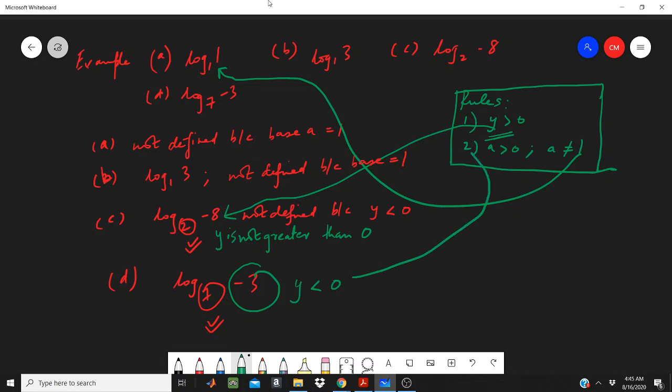Compare this with the first rule here, and you'll see that this is a problem. Okay, hopefully now the index form is also stuck into your memory. You know when log_a of y is defined, you know why log_1 of 1 is not defined, you know why y should be greater than 0, and you know why the base a has to be greater than 0 and cannot be equal to 1.